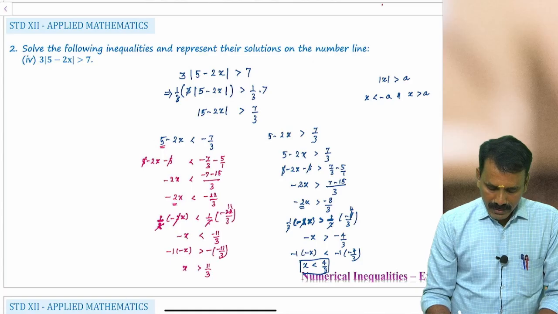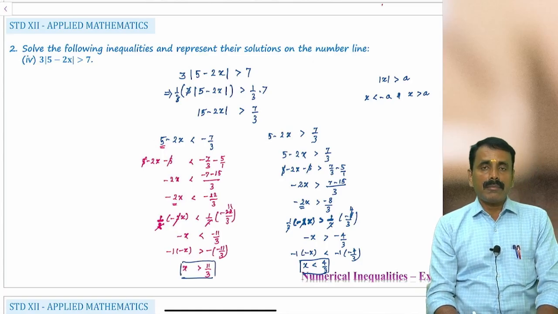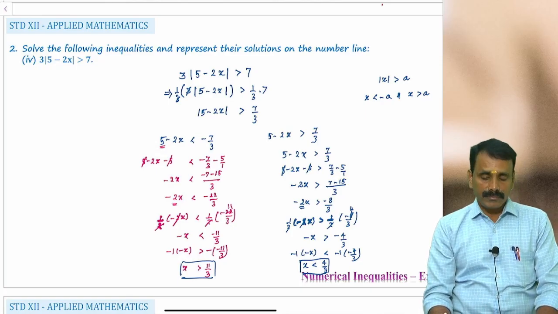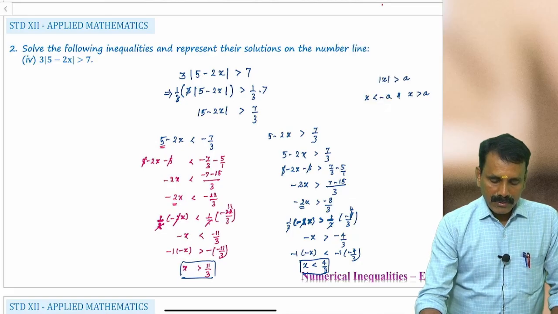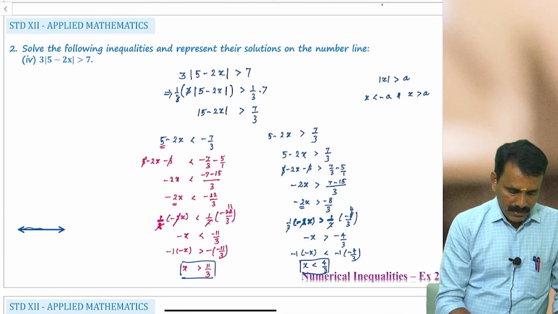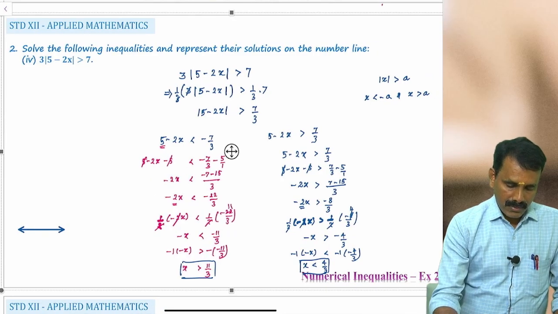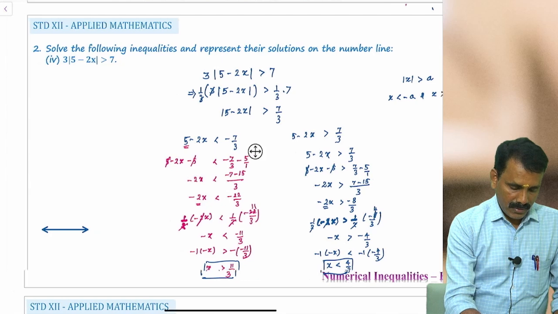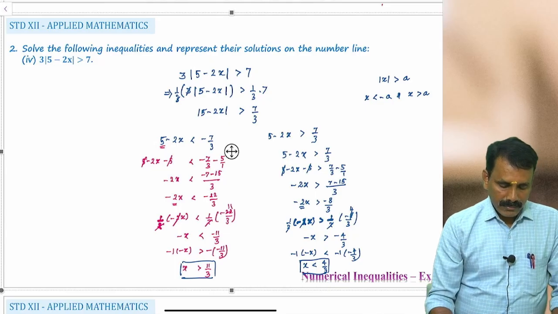So here we are having one expression and here we are having another one. So x greater than 11 by 3. Here x is less than 4 by 3. So on the number line, we are going to mark the solution.